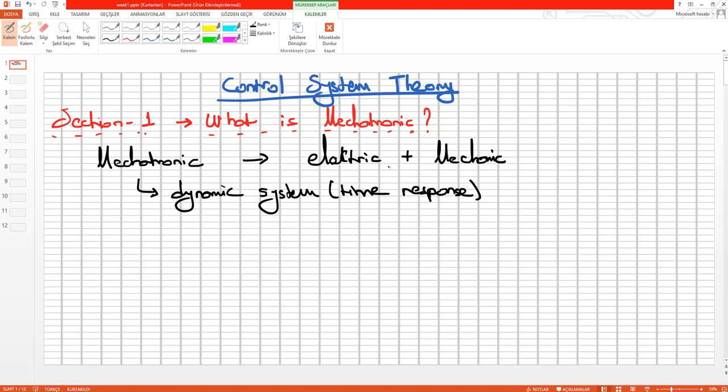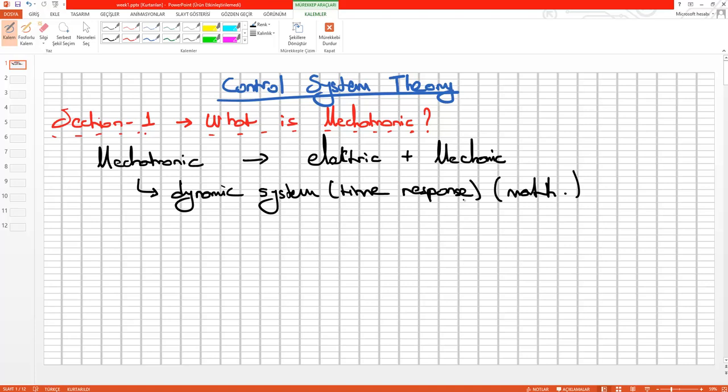So if we have any knowledge about the electric and mechanic, we should utilize the math to build this system in theory, because if we have information about the mathematical rules of the universe, we can easily define the dynamic system as well as the mechatronic system.